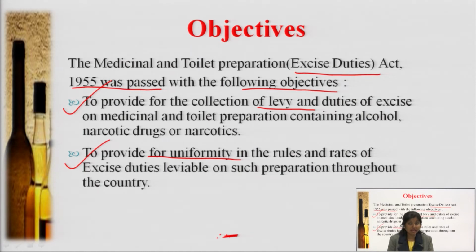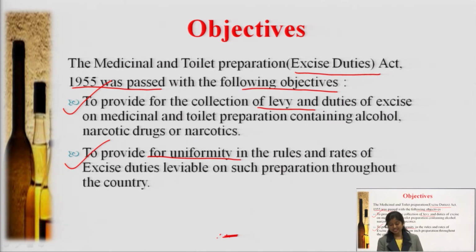As I have already given you the example, the rate of levy should be constant in different states in India. So, the second point is to provide for uniformity in the rules and rates of excise duties liable on such preparations throughout the country.